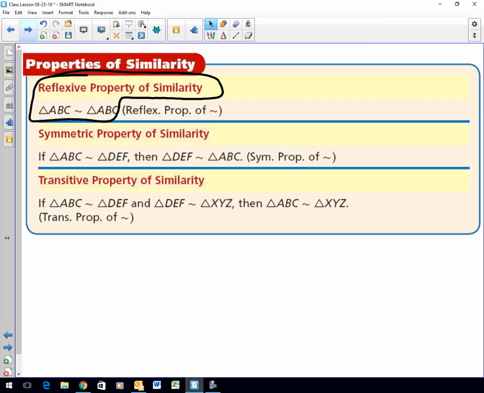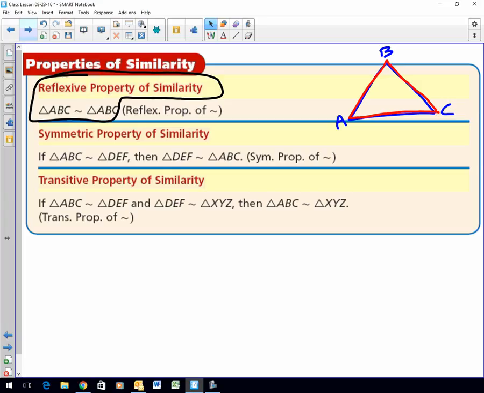The reflexive property. Check out my blue triangle with A, B, and C. Check out my red triangle with A, B, and C. They share side lengths, they share angles, very similar.